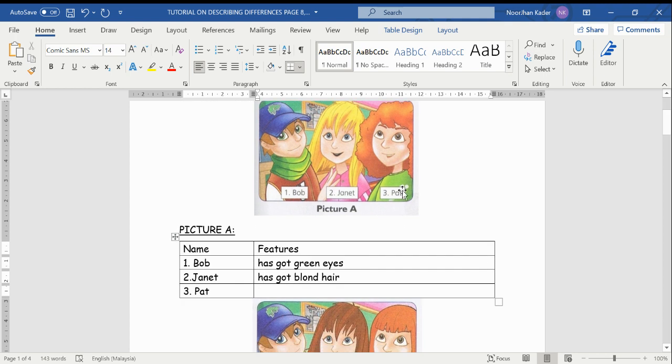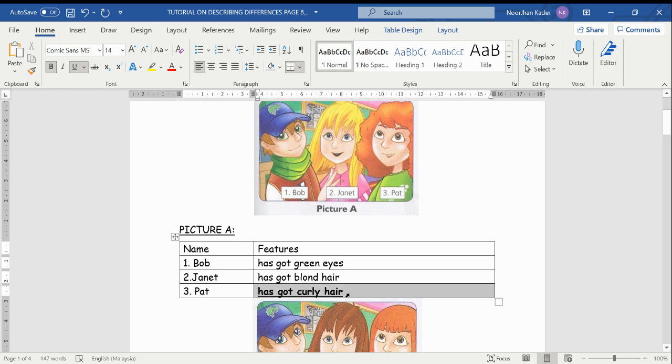And Pat. Pat has got curly hair. That is the one that is very obvious. So Pat has got curly hair.